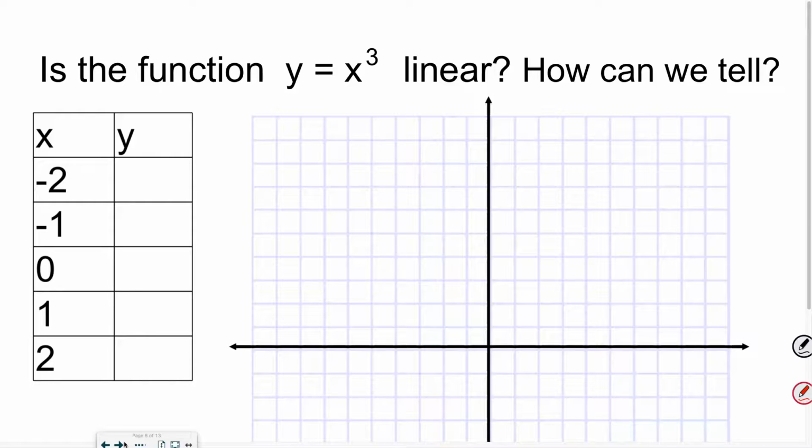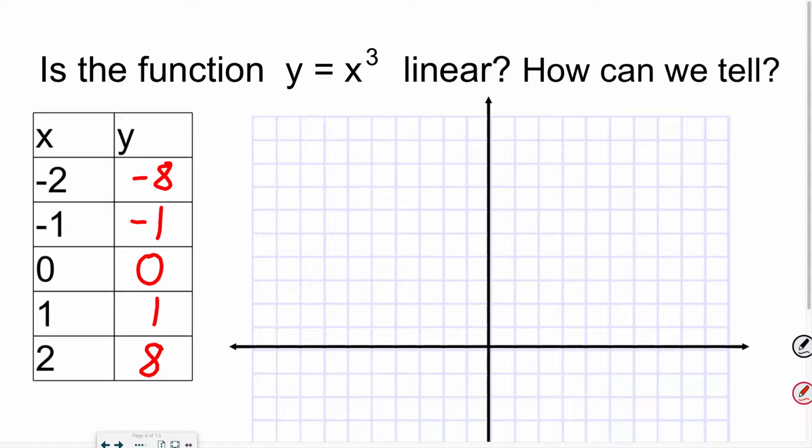So -2 times -2 times -2 is -8. How about -1? -1 times -1 times -1 is -1. How about 0? 0. How about 1? 1. And how about 2? 8.